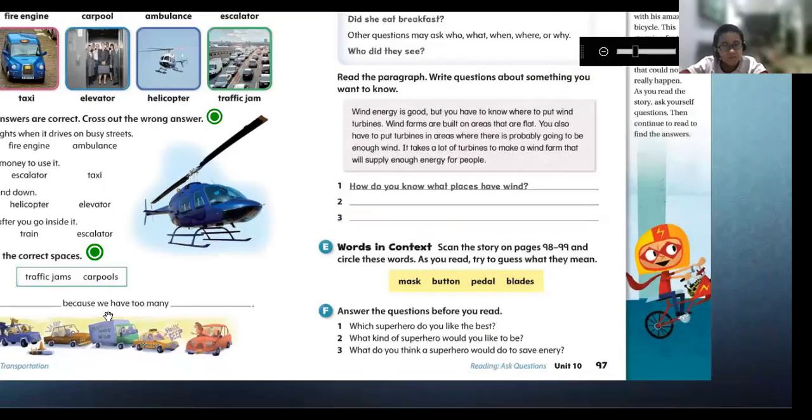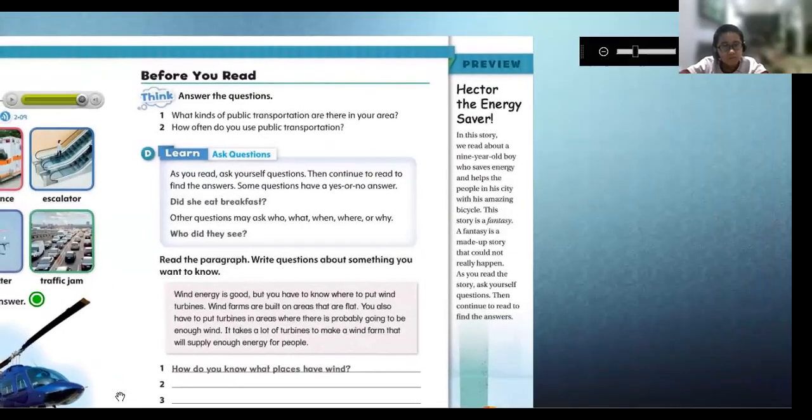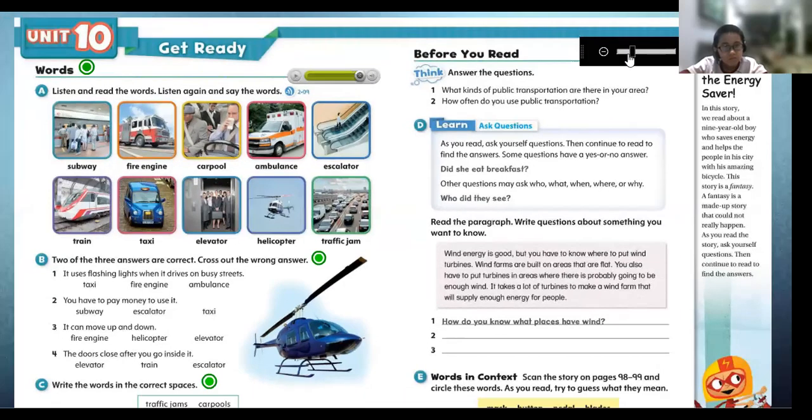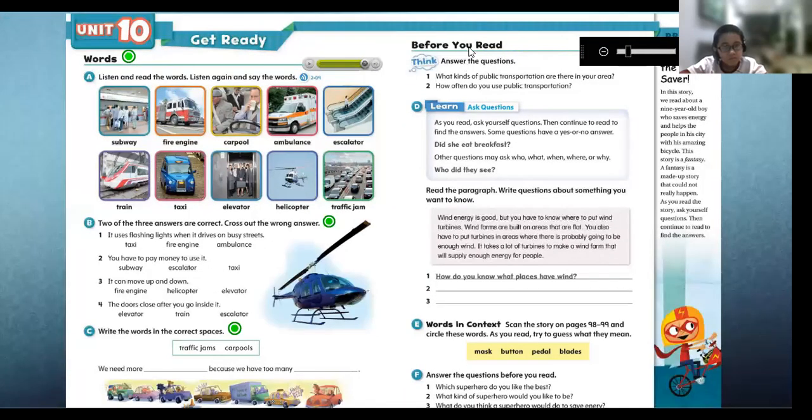Okay, so these are different vehicles. Now here, let's ask this question. I want you to think, what kinds of public transportation are there in your area? When we say public transportation, this is transportation that is used by different people. What kinds of public transportation are there in your area?